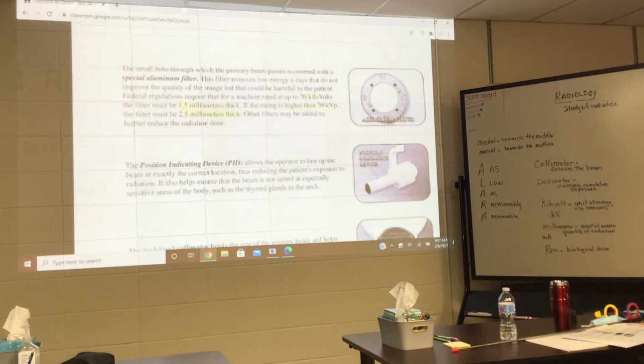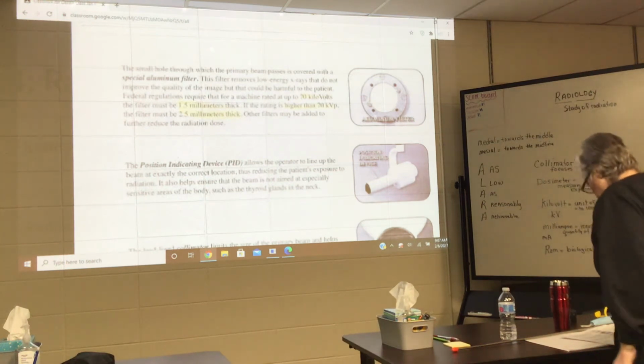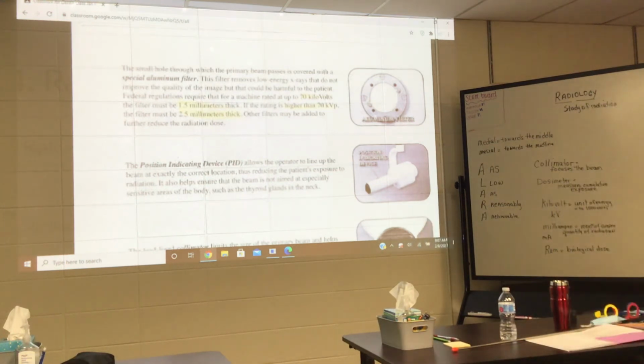Federal regulations require that for machines rated up to 70 kilovolts, okay, kV, the filter must be 1.5 millimeters thick.